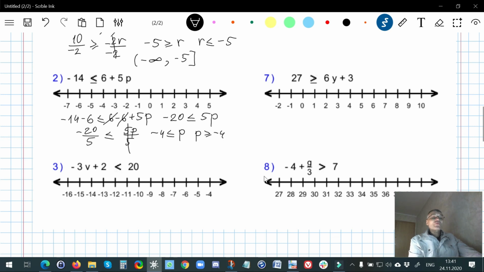But the first form is more convenient for us to write down the interval notation, because we have to start from negative 4 and stretch up to positive infinity, because there is no other limit. And we have to include negative 4. Oh, wow, this is my first mistake, noted.